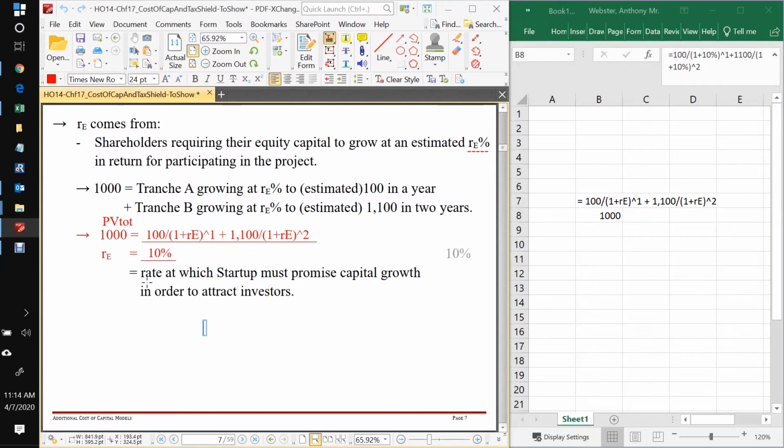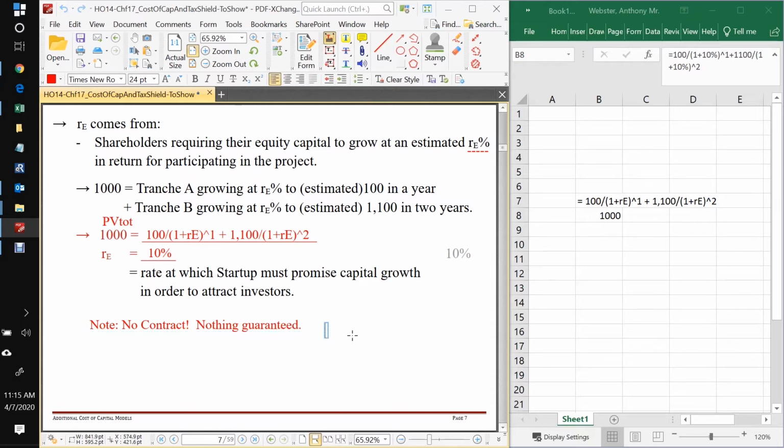This 10% is the growth rate, the interest rate, that the startup has to promise potential investors in order to attract them to participate. So note, no contract. Nothing is guaranteed in this case.